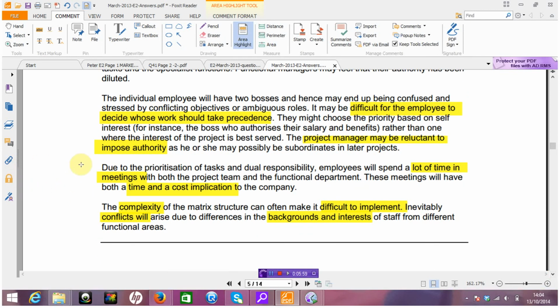Final point, I'd always mention time and cost in some way in advantages and disadvantages questions on either side, subject to the core element.